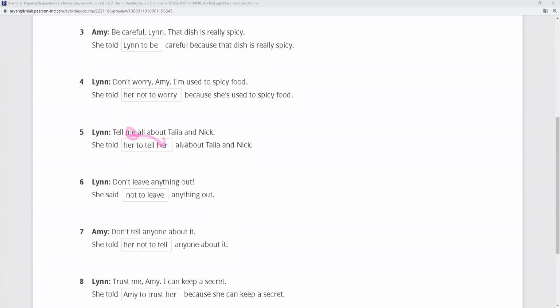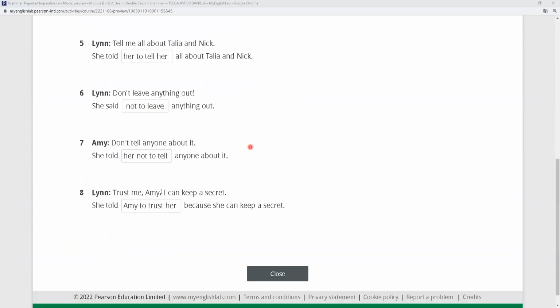The same happened with the last one. The answer was Amy to trust her. She told Amy to trust. You're not going to say to trust me. You have to say to trust her in order to mention the link. Okay, do you get it now?